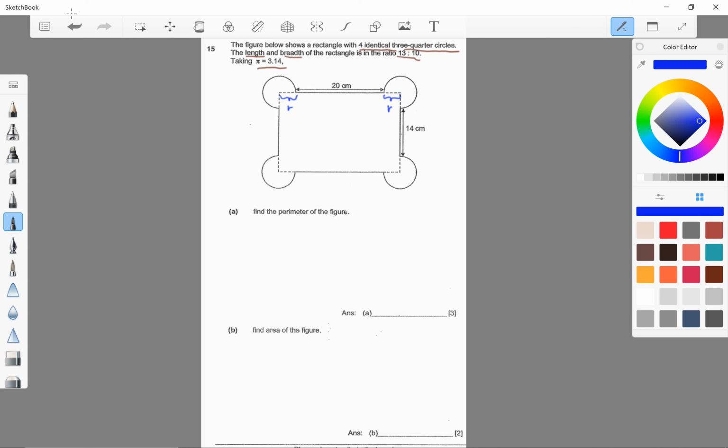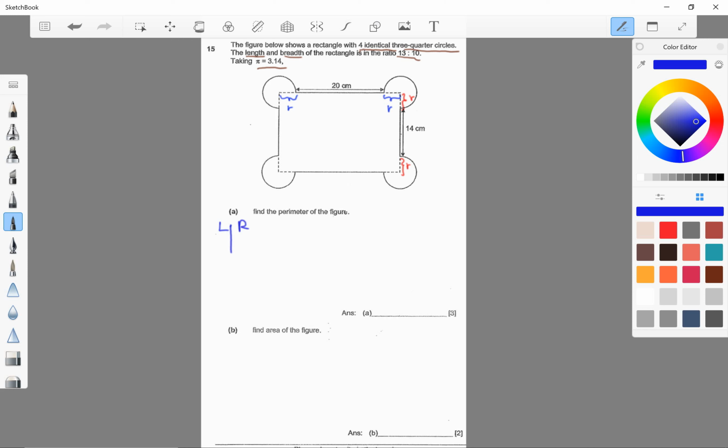And likewise, the breadth consists of 2 radius as well, together with 14 cm.